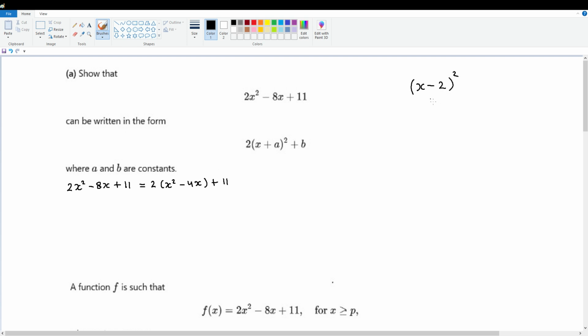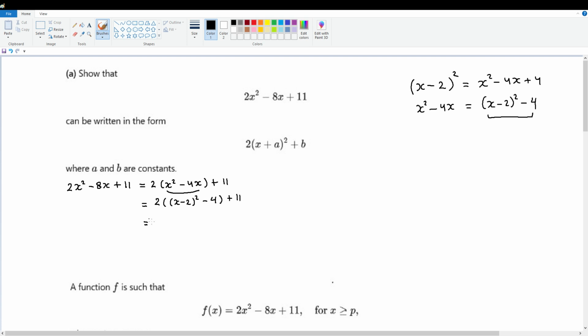And if you square this expression, you will get x squared minus 4x plus 4. In other words, x squared minus 4x is equal to (x minus 2) squared minus 4. You can substitute this expression, and then the equation becomes 2 times ((x minus 2) squared minus 4) plus 11.